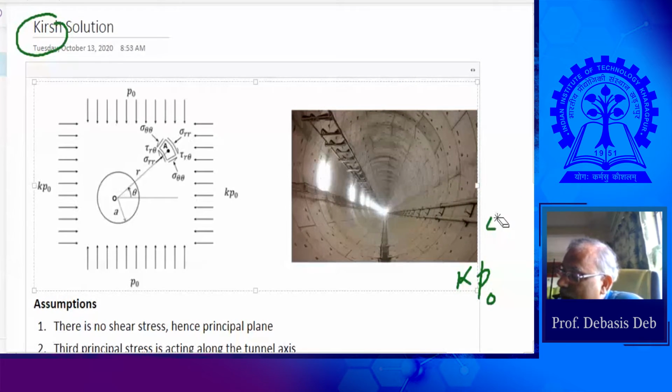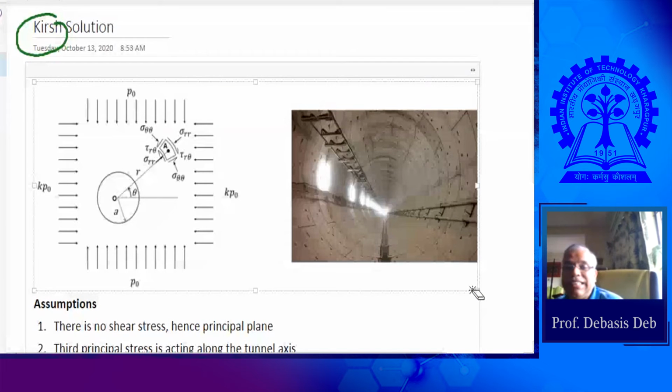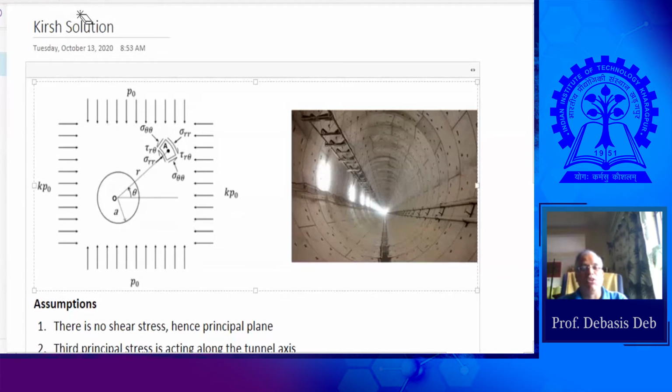Meaning, what could be the stresses? And that is a very, very famous equation, not only for mining engineering, but for mechanical and aerospace, for everybody. Anybody in the engineering field normally uses this equation.